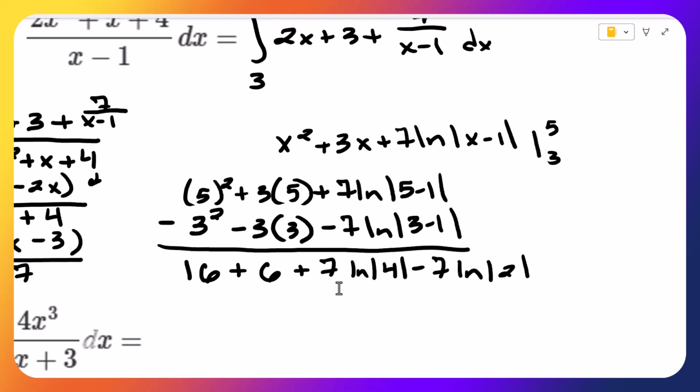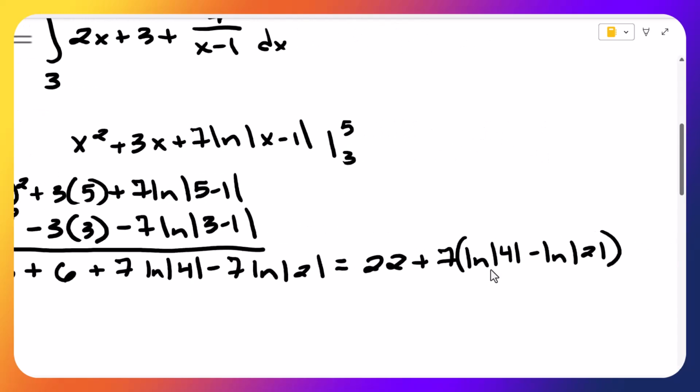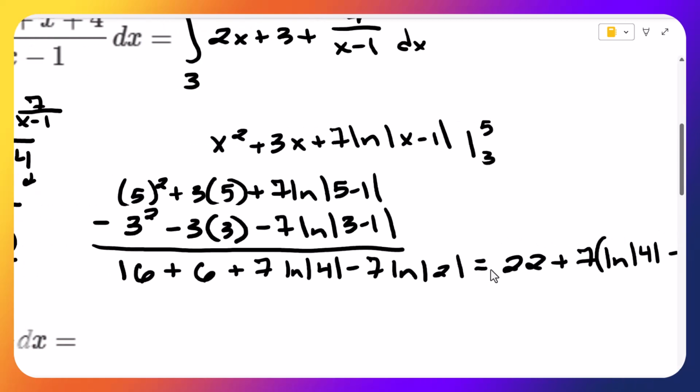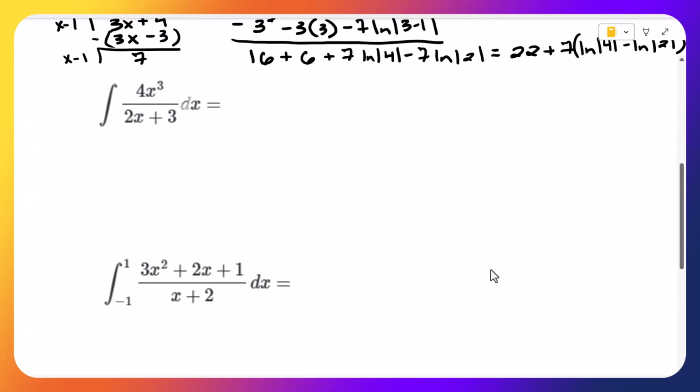We can factor out a 7 from both terms, so we get plus 7 times ln of 4 minus ln of 2. And this is the correct answer. We could do something else, but I don't think I'm going to say what that other thing is. Okay, so that's the first one.